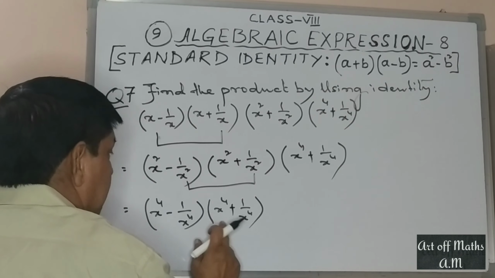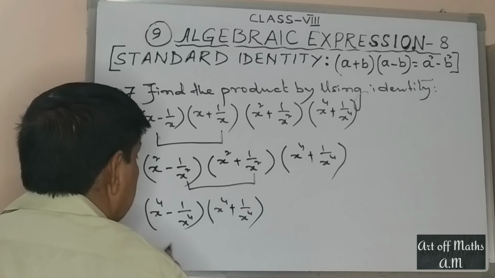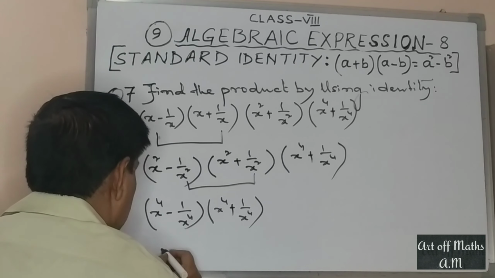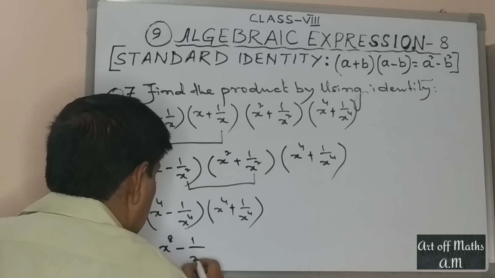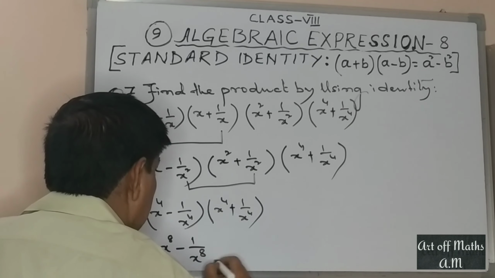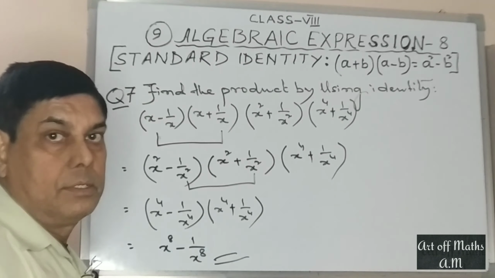Now here again (a plus b) into (a minus b), that means x to the power 8 minus 1 by x to the power 8. This is the solution, this is the answer.